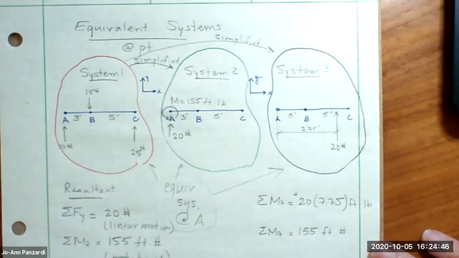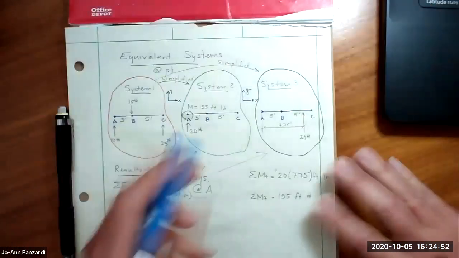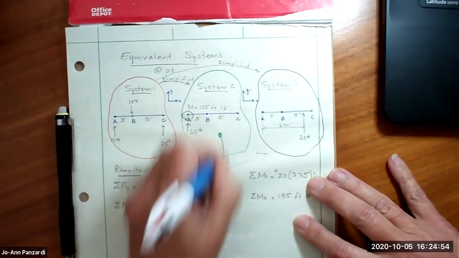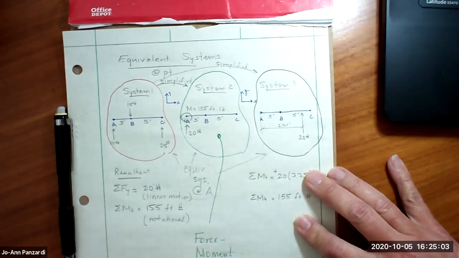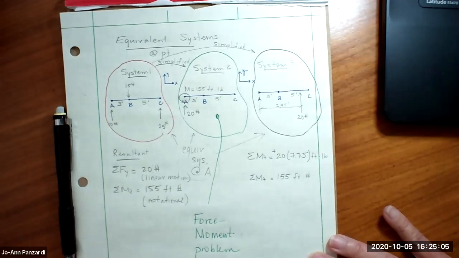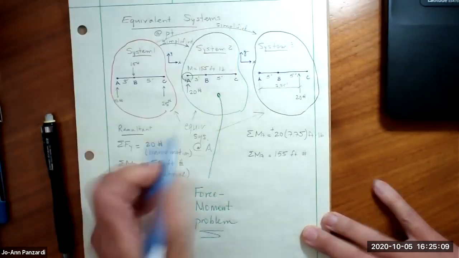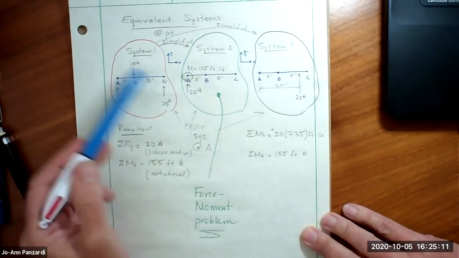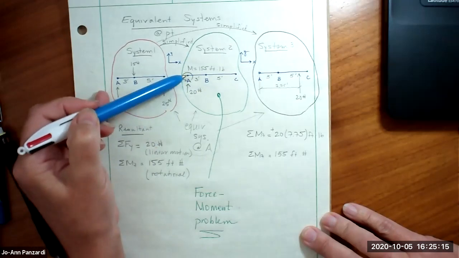Okay. This one in green is called a force moment problem. The reason that it's called a force moment problem is because they are taking a complicated system and reducing it to a force and a moment at a point.